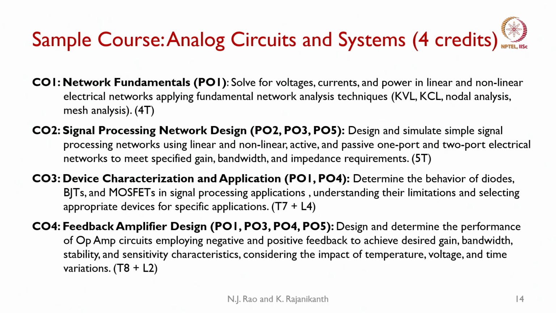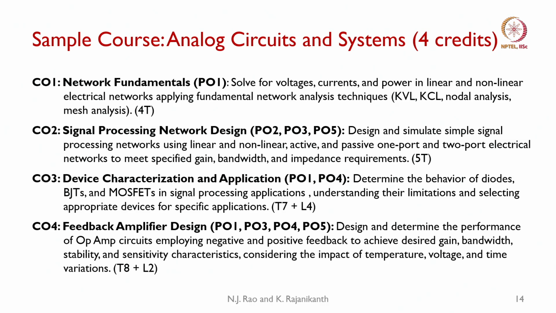Then T7 means theory or classroom lectures, one way or the other, 7 hours. And L4 is laboratory. There are 4 hours of laboratory related to this particular CO. Though it's a 4 credit course, in the current context you are not separately showing the laboratory hours. It is implied. But here we are saying 7 lecture hours in classroom sessions and 4 hours of laboratory session.